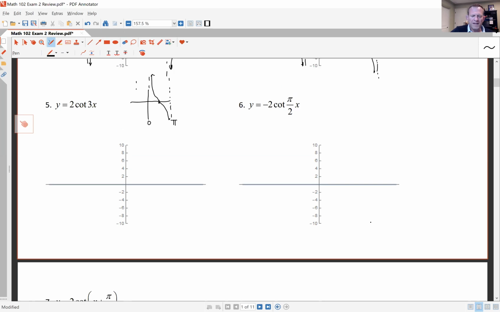And so what we're graphing is a period change. Period is pi divided by 3. So 1 full period of this is going to be pi over 3. 2 full periods of it is going to be 2 times pi over 3, or 2 pi over 3. We know halfway between it, it's going to get up to 2.